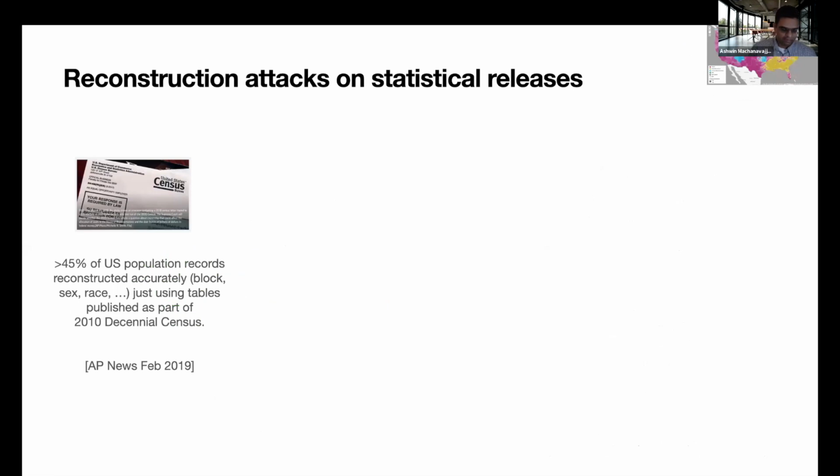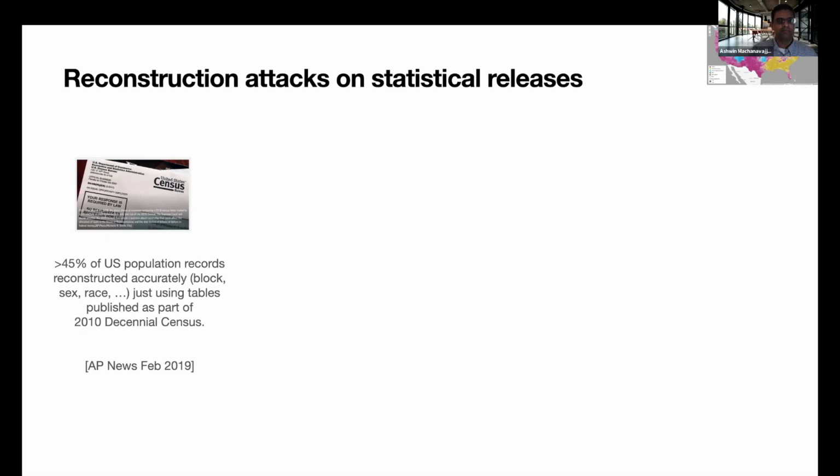And of course, you also heard about reconstruction attacks on statistical releases. The US Census Bureau showed this. They actually attacked themselves. They took the 2010 releases from the 2010 decennial census, which had passed muster. They passed through a review process, and they were deemed private.